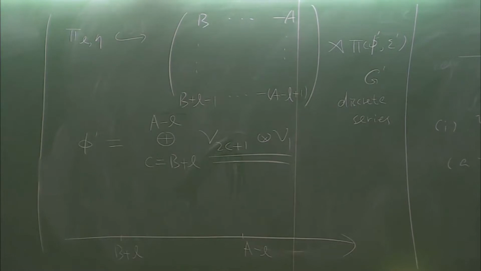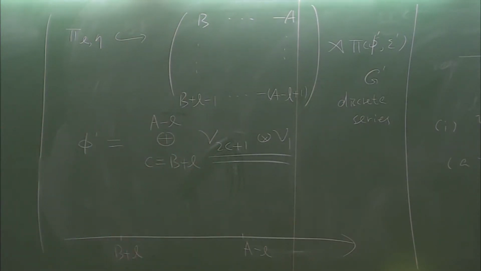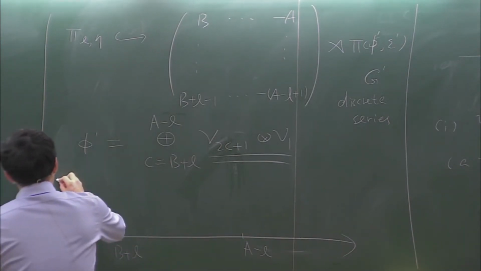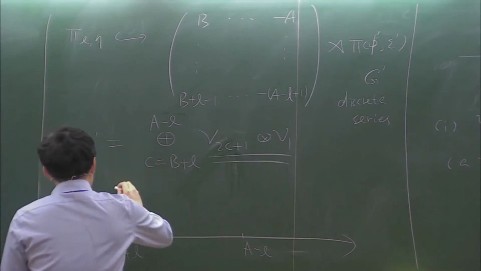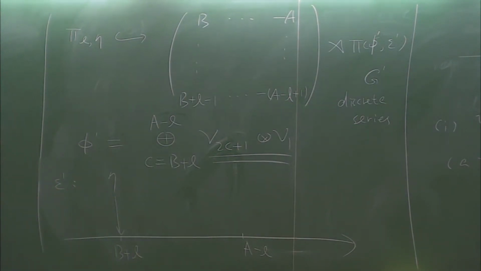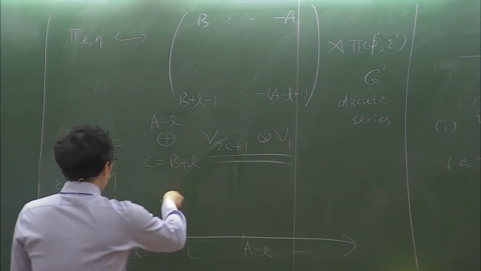Moreover, you can describe this epsilon prime. That's a character on the centralizer of this phi prime. And in fact, you can view the character as assigning some sign to all these points. So this epsilon prime is going to assign this sign eta to this point B plus L. And for a general point C, this sign will be alternating.